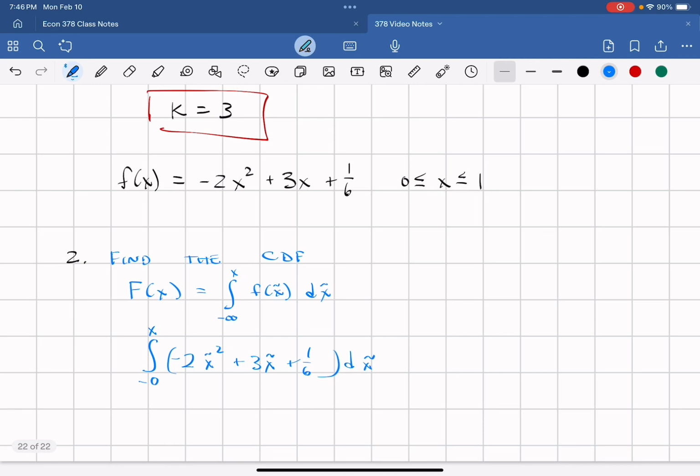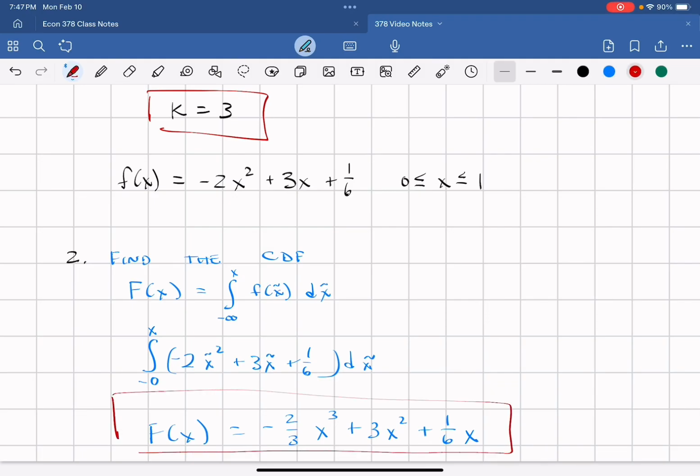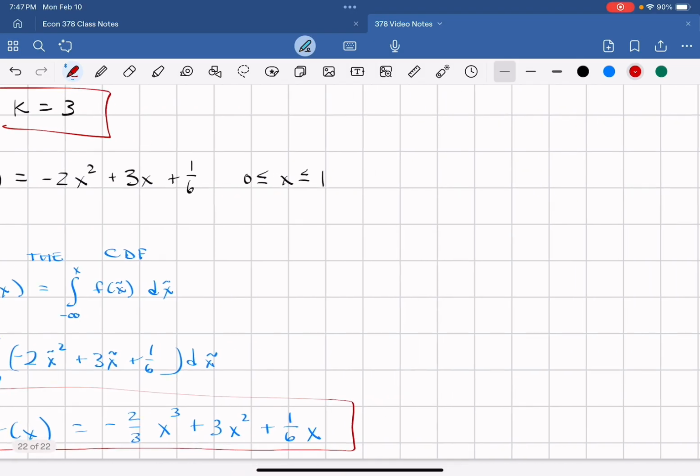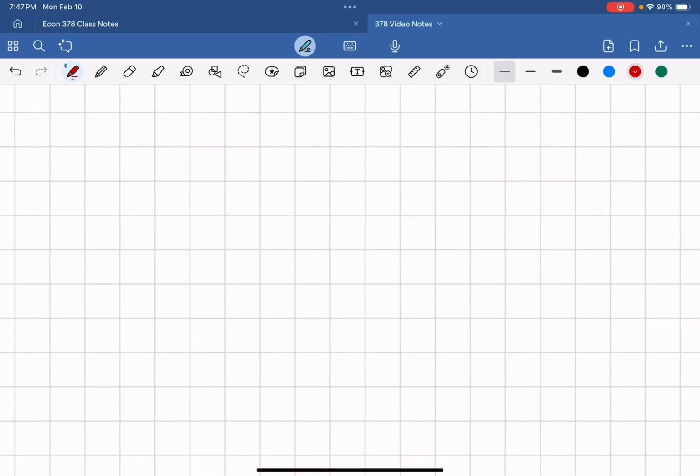And then we can take the integral, and that is where f of x is equal to negative 2/3 x cubed plus 3x squared plus 1/6 x. And that's because we put in that x, we put in 0, and that's what we get. So there is our CDF.